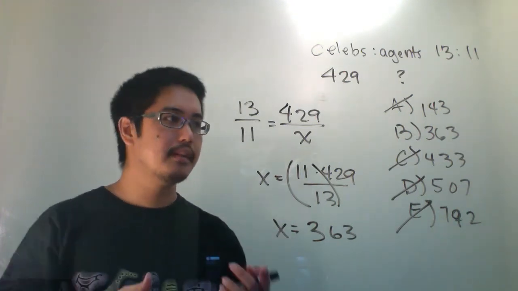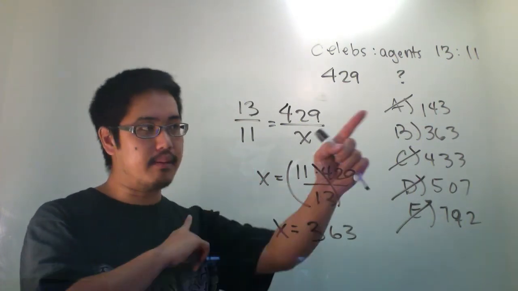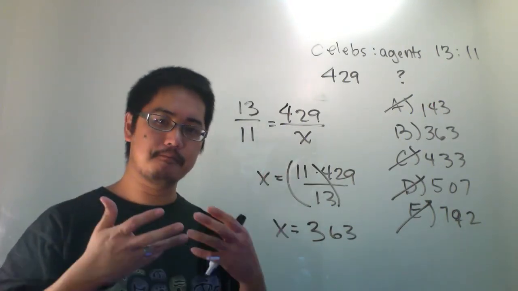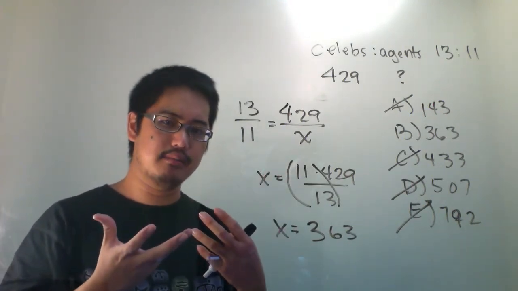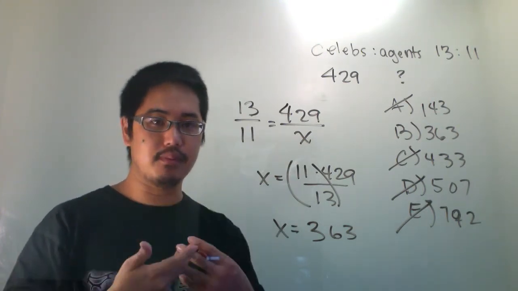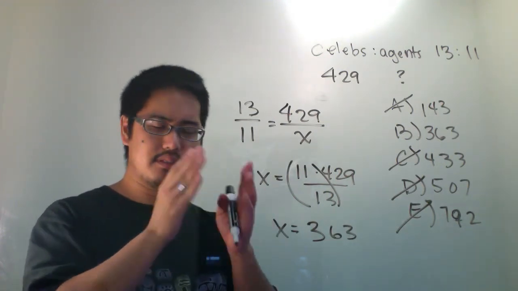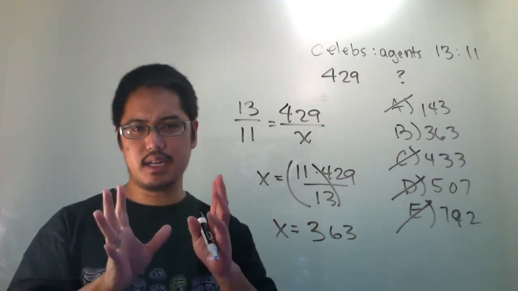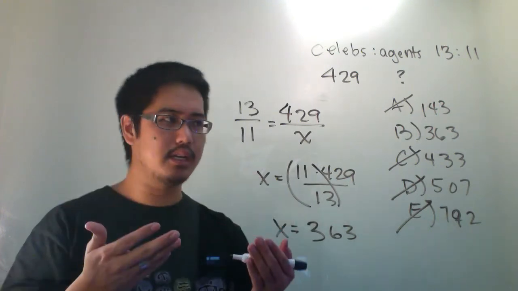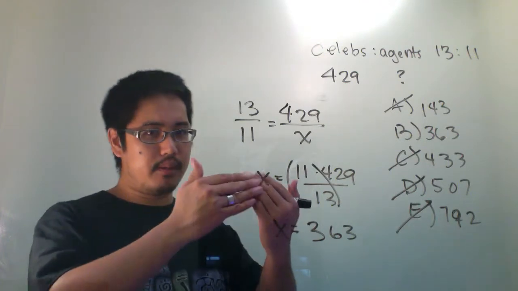Now, the reason why I was able to whittle out option A is because 11 over 13 is not that far from 1. If this were 13 over 13, that would equal 1. But it's 11 over 13, a number that's a little bit smaller, so I'm going to pull back just a little bit.